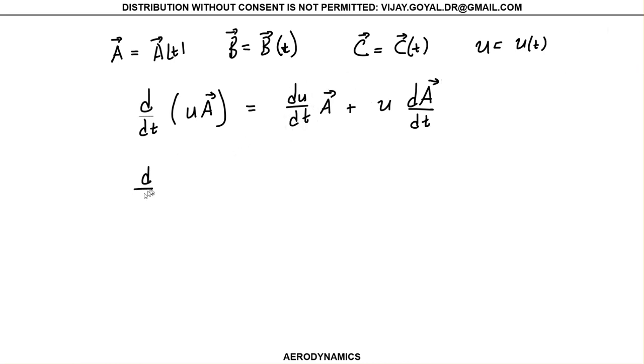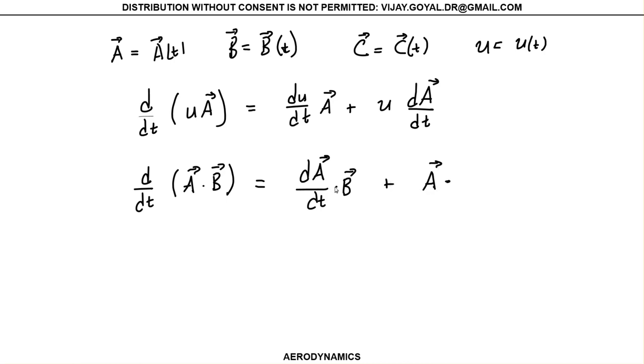If I was going to take the derivative with respect to time of a dot product, let's say the dot product of A with B, then the same rule applies. It's the derivative of A with respect to time dotted with B, plus A dotted with the derivative of B with respect to time. Don't forget the dot, there's a dot product there. The cross product works the same.